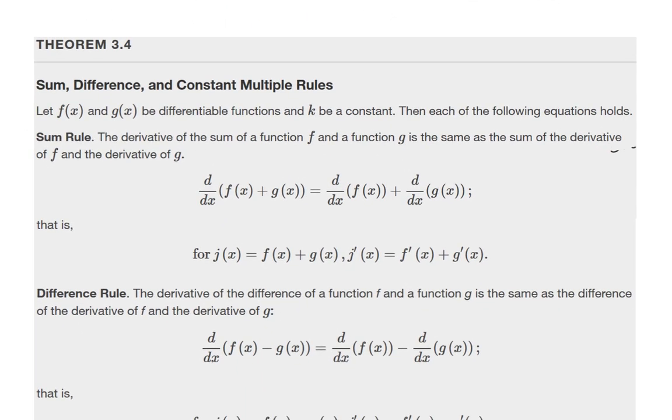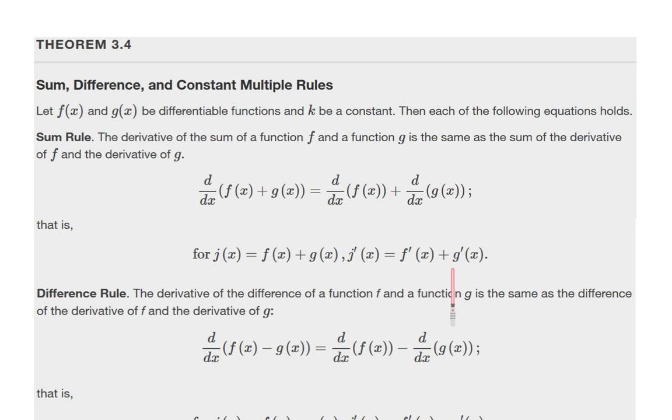Now we're going to start adding on to these rules, and the next rule says, if I add two functions together, I can take the derivative of each one individually, just like when we're doing our limit laws. So if I of x is equal to the sum of these two functions, then I prime is going to be equal to the derivative of the first function plus the derivative of the second function.